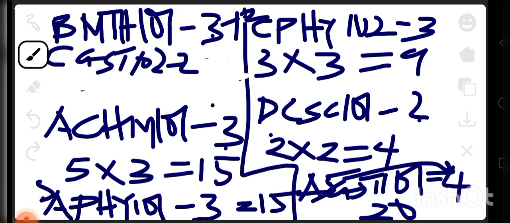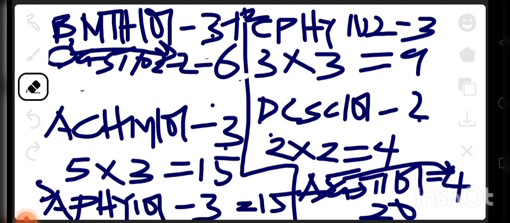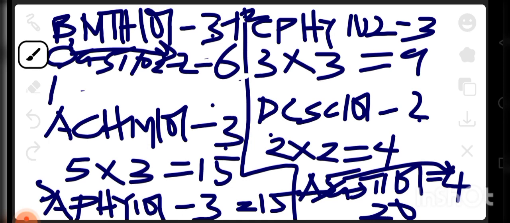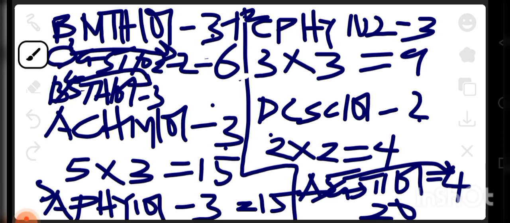So C is 3, 3 times 2. That is 6. So that is what you're having there. Then Stat 101, you had B in statistics. Remember, Stat is 3 units. B is 4 points, so 4 times 3. That is 12.